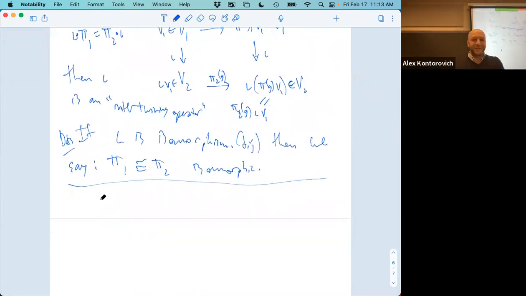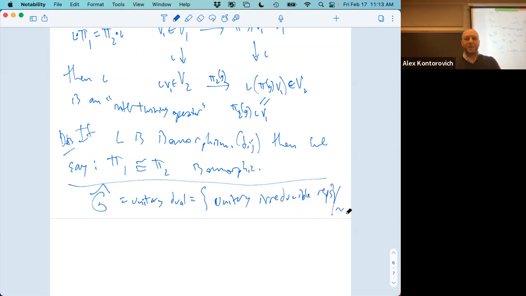So now let me write another thing. This is the unitary dual. This is the unitary irreducible representations, more generally unitarizable irreducible representations, up to equivalence, up to isomorphism. Because a unitary representation is just a map from G into some vector space, but now I have a way of telling when maps into different vector spaces are actually one and the same.